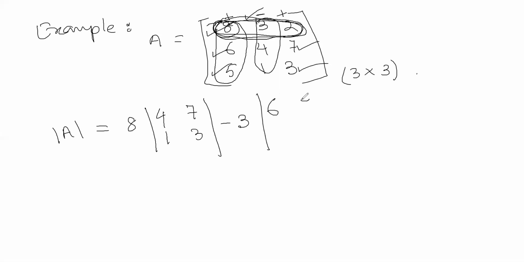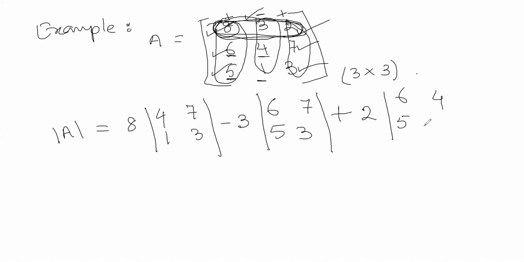So 6, 7, 5, 3. That's how you form it. And lastly, plus 2. So when you're taking plus 2, the first row, third column is out, and you are left with 6, 4, 5, and 1. So write it down here: 6, 4, 5, and 1.